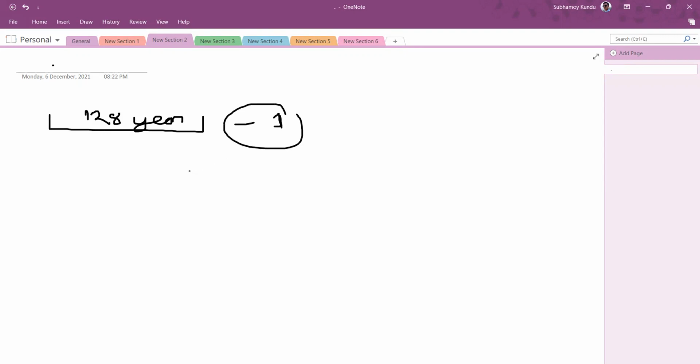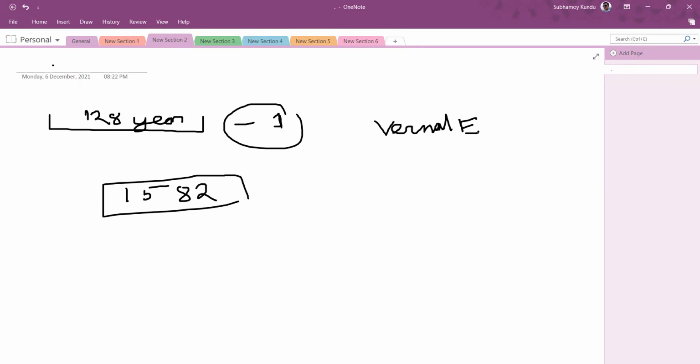When it happened, in the year 1582, the vernal equinox, which is the date where the length of day and length of night is equal, usually falls on 21st of March.